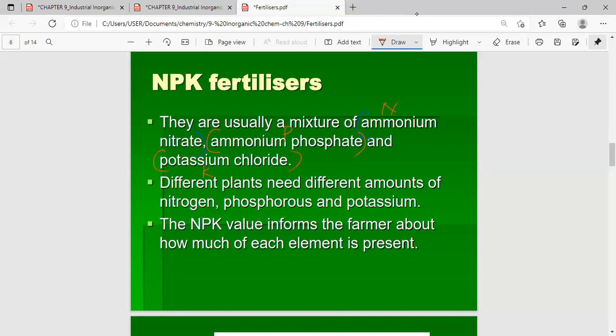So there is something called NPK value. Nothing new here. What is NPK value? NPK values are just numbers that tell the farmer how much of each element is present in the fertilizer.